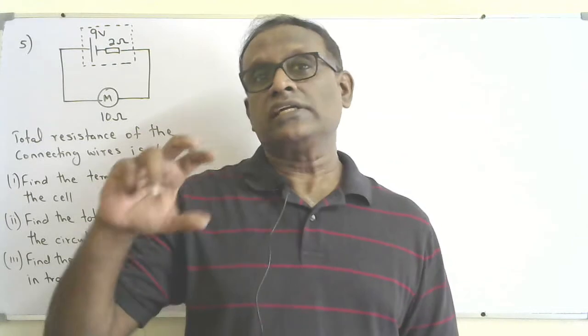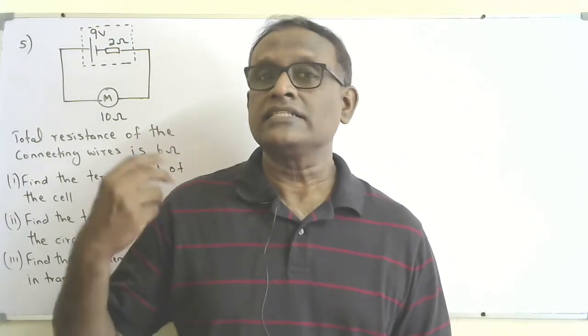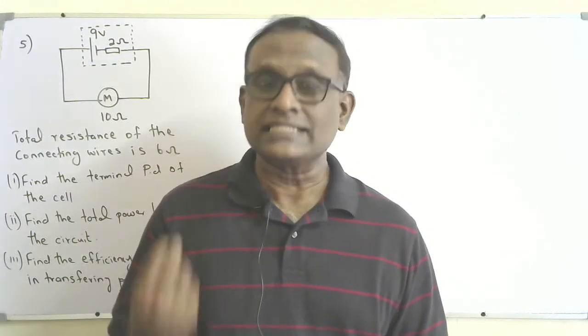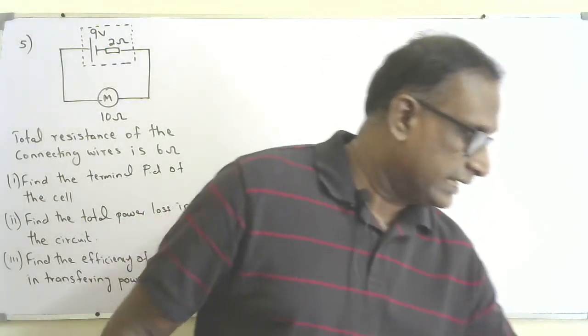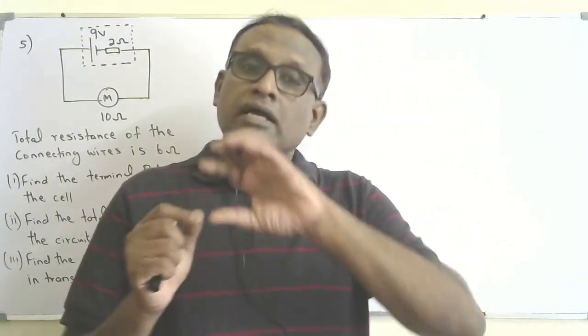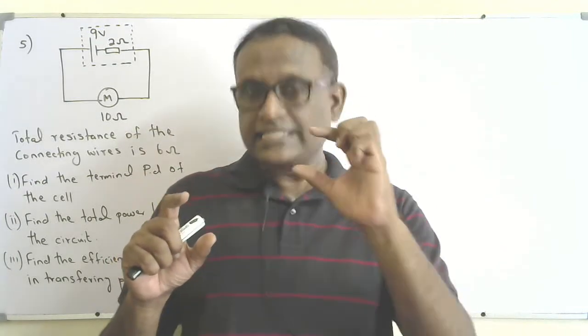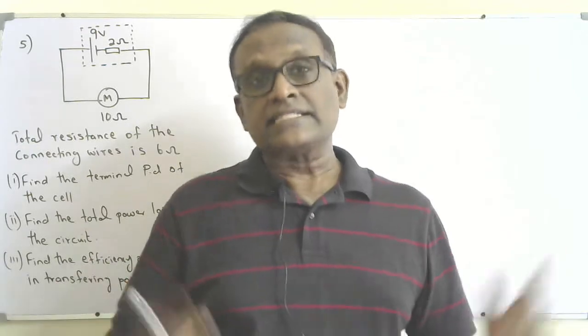So the total resistance of the wire is in series with the resistance of the motor as well as the internal resistance of the cell. So I can redraw the same circuit by showing the total resistance of the wires as a resistor.